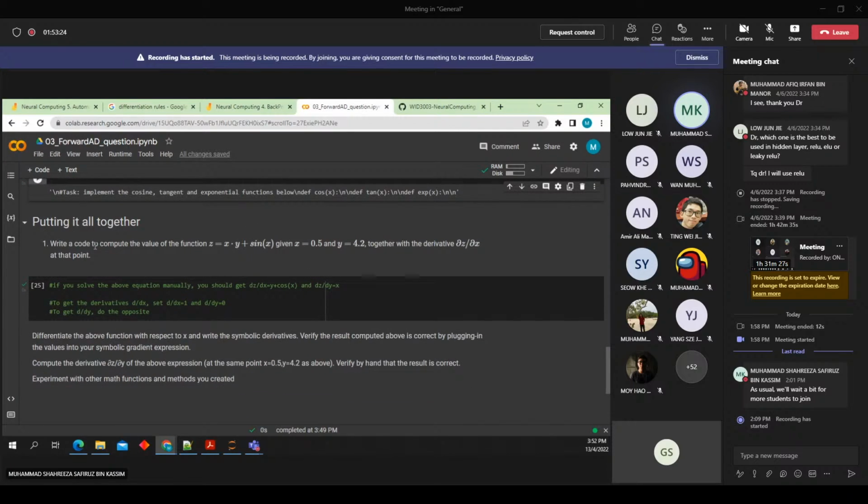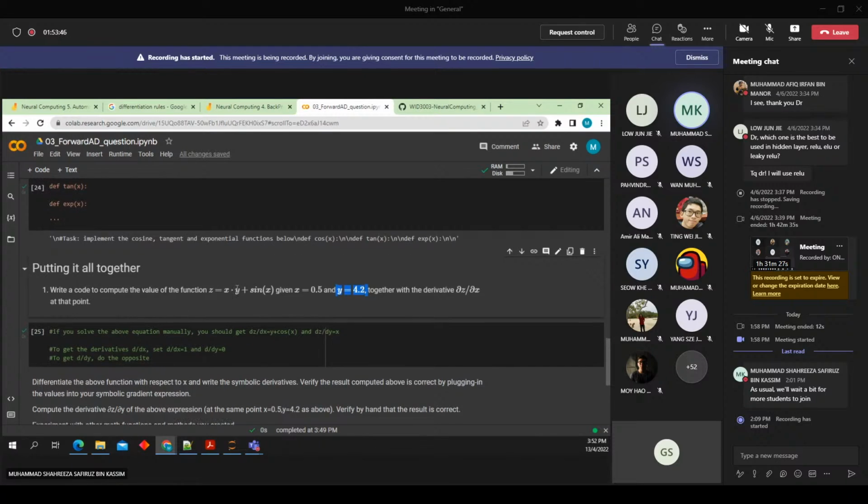Now, this is what our objective is. We've talked about z. This is z equals x times y plus sine of x, we want to do this, given x is 0.5 and y is 4.2.